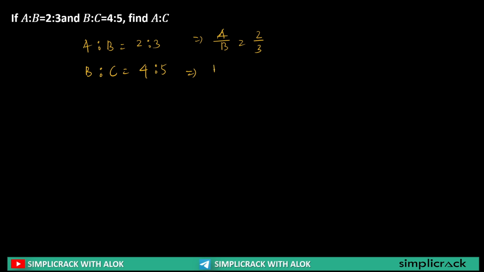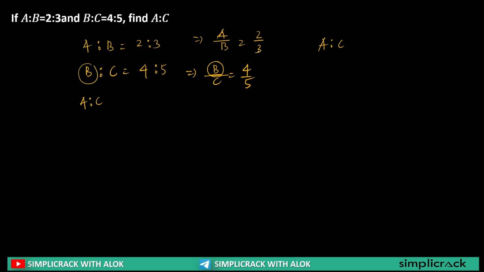Here I can write b by c is equal to 4 by 5. Okay, so what we can do here, it has asked a is to c, right? So if I convert b into a, I can get my answer. Yes sir, you are right. So if I have to find out a is to c, I need to change b into a, right?